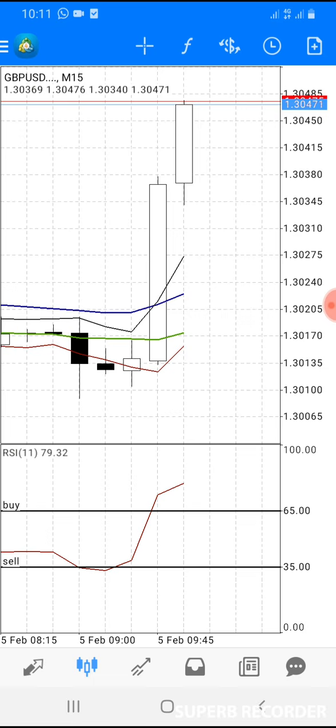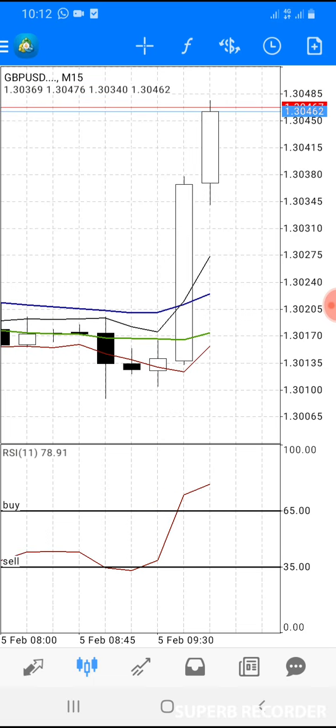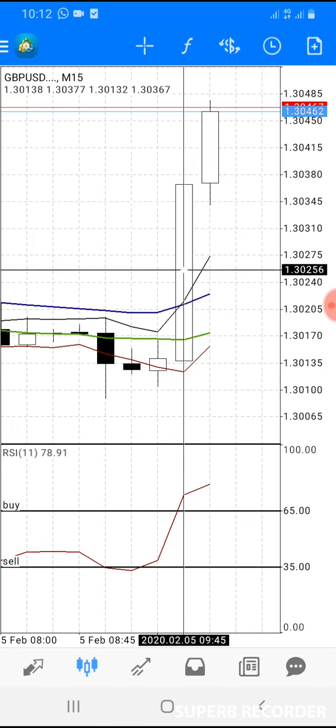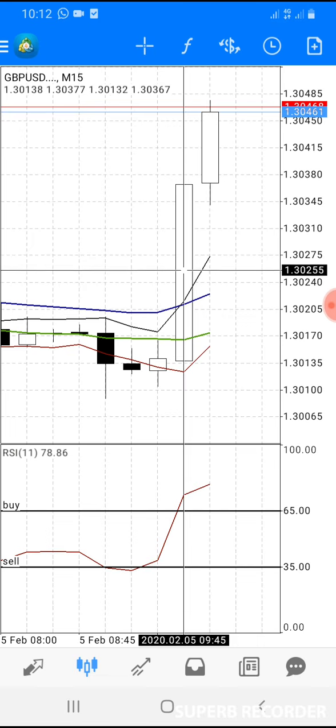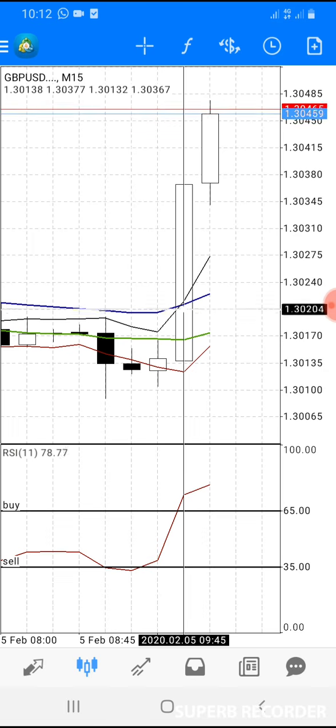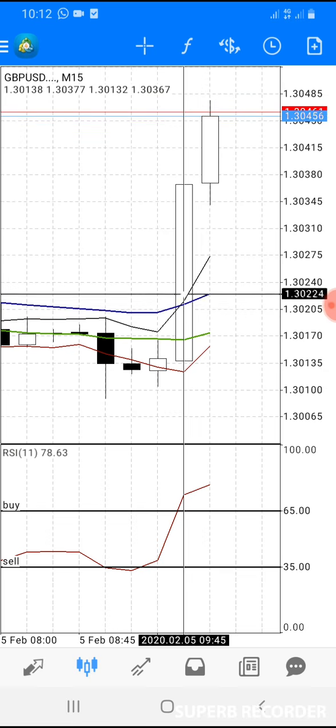The buy conditions: the first condition is that your simple moving average with period 5, applied to high, which is the one in black, has to cross above the simple moving average with period 20, applied to high, which is the blue one right here. So this cross has to happen. That's the first condition.